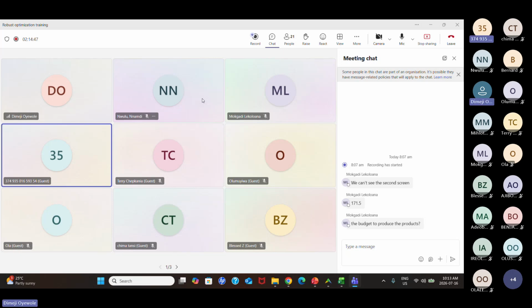Now, the difference between this and stochastic optimization is that stochastic optimization deals with probability. Between the data range that you are considering, it uses a probability distribution, such that it works with the likelihood of occurrence.